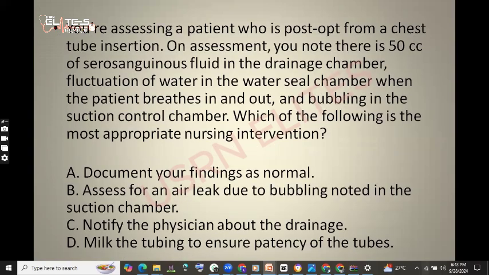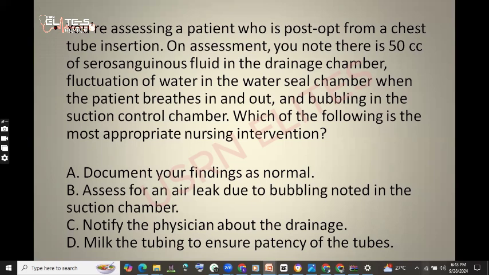So let's look at this one too. You are assessing a patient who is post-op from chest tube insertion. On assessment, you note there is 50 ml of serosanguinous fluid in the drainage chamber, fluctuation of water in the water seal chamber when the patient breathes in and out, and bubbling in the suction control chamber.